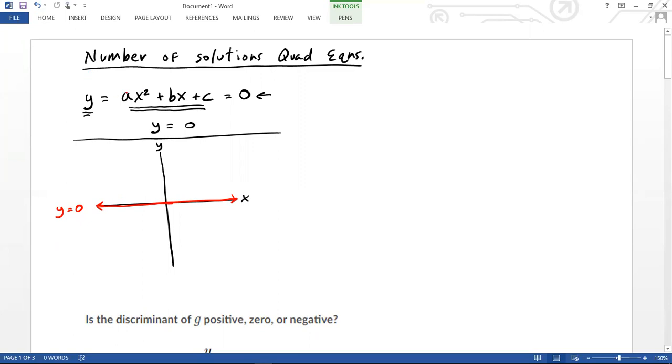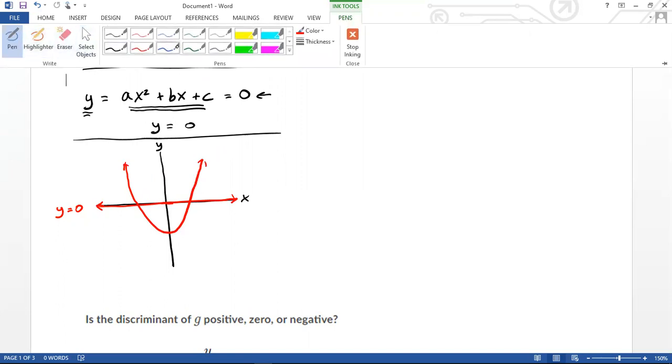So when you have an equation in this form, it's going to make a parabola, and a parabola basically looks like this. It looks like a U, pretty much.